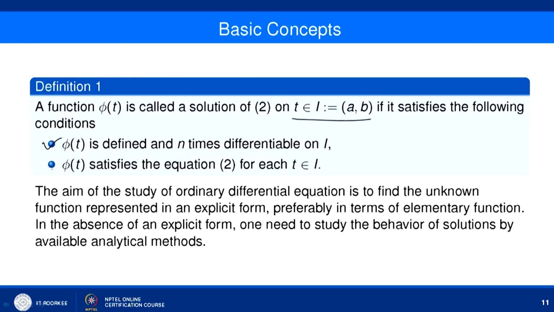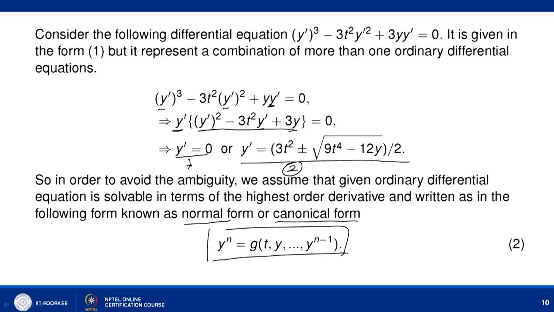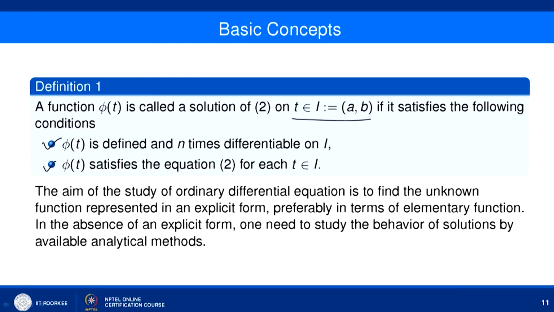And second is that phi t satisfies equation 2 for each t in I. So, it means that not only do all the derivatives exist, but it also satisfies this equation for all t in that particular interval. Then in this case we say that the function phi t is a solution of the differential equation.